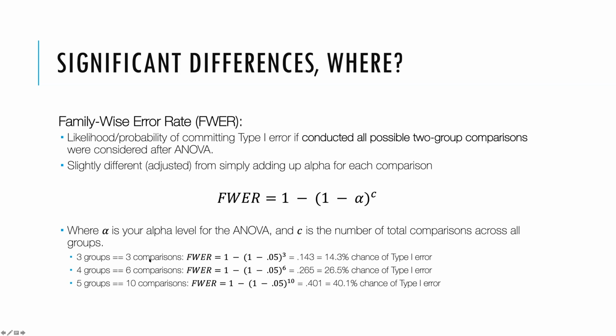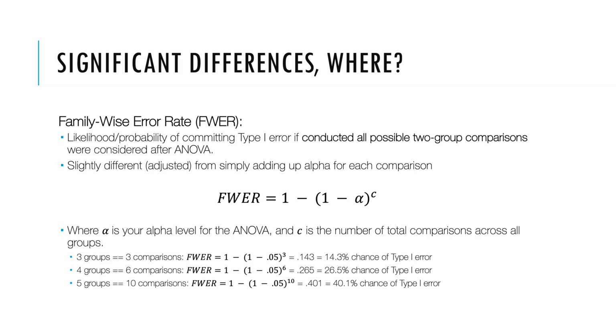If we had 3 groups, that's going to be 3 comparisons. We're going to have a certain likelihood of error. With 4 groups, we saw this before, we have 6 comparisons, and there's going to be a 26% chance of error. As we increase the number of groups, it increases the number of comparisons. It also increases the overall error that we're contributing to this problem.